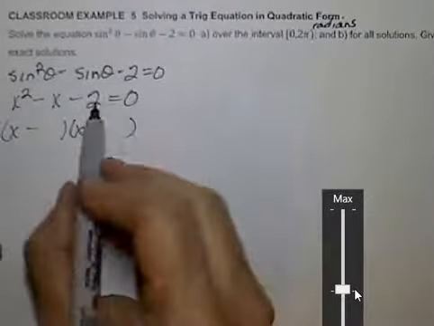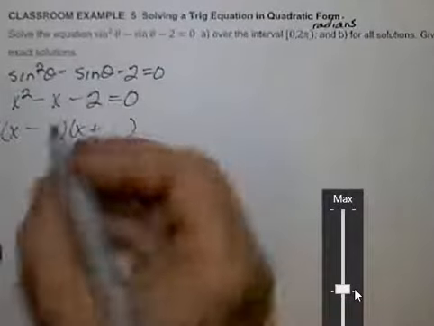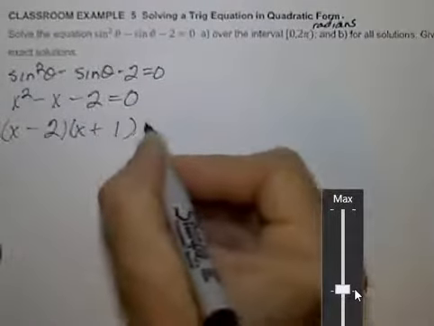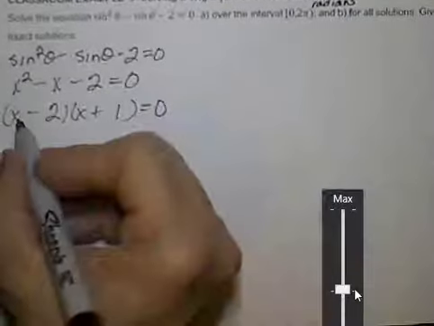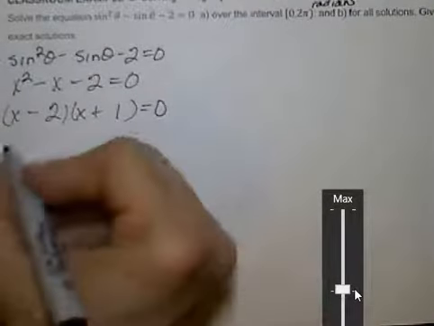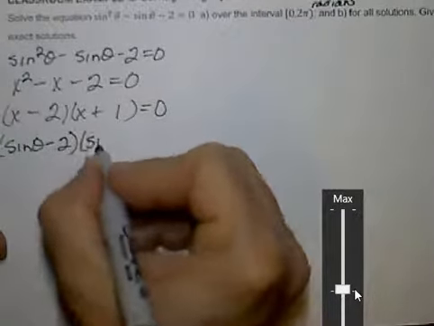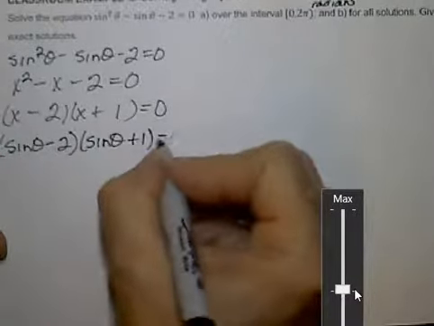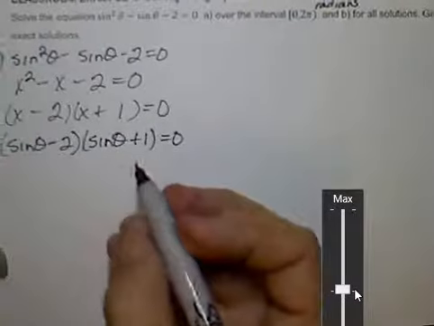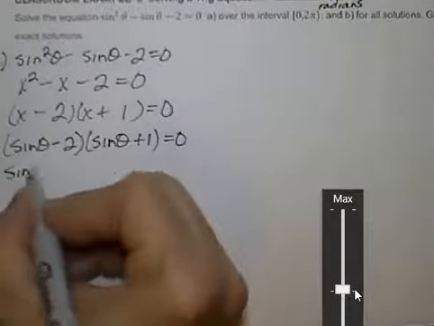We want two numbers that multiply to 2 and subtract to 1, so that would be 2 and 1. Now let's go back and replace the x's with sine of theta. And we're going to take each factor and set it equal to 0.